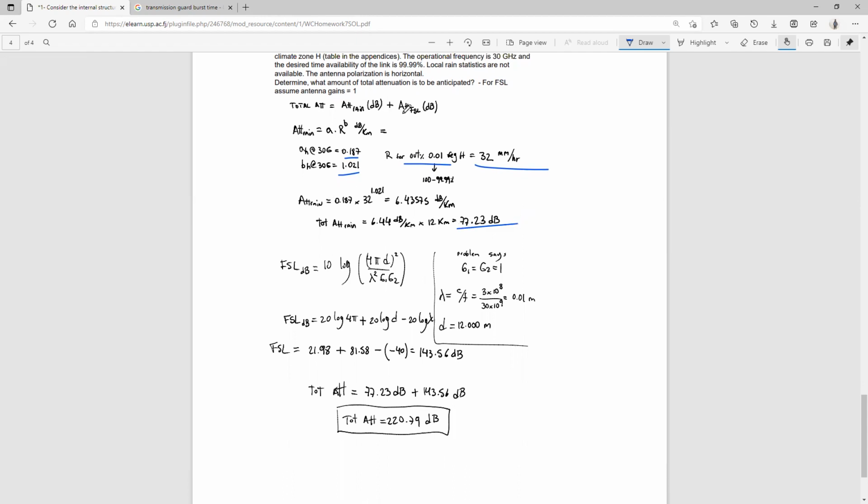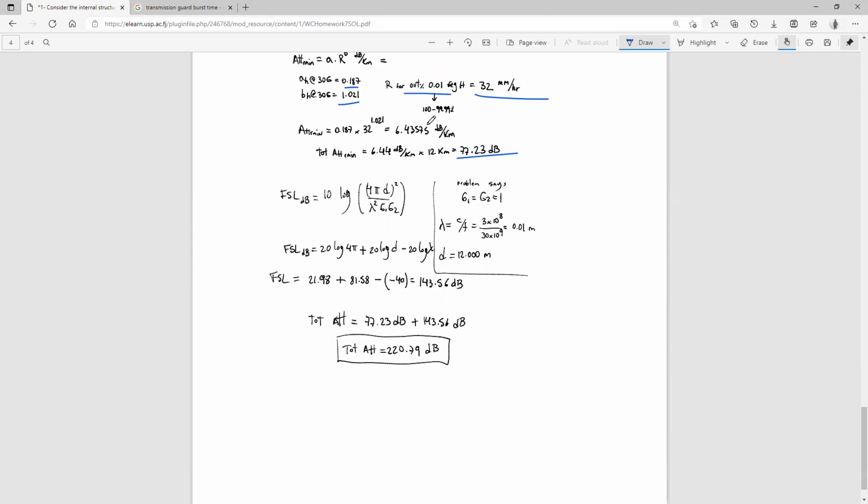Now we also need to identify the total attenuation for free space loss. Since this value is in decibels, the free space loss formula is given by 4 pi d, holding squared, divided by lambda squared, multiplied by g1, g2. So we have to find the free space loss formula in dB. The free space loss formula in dB is given by this formula over here.